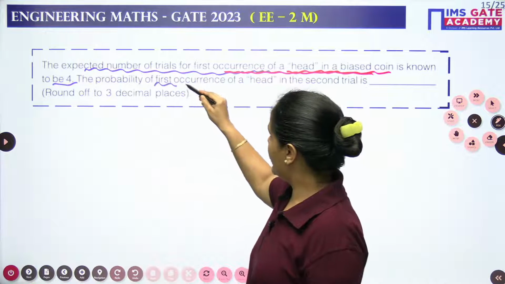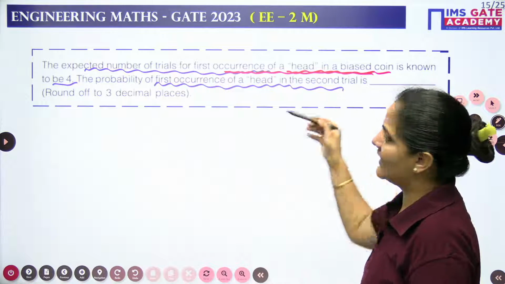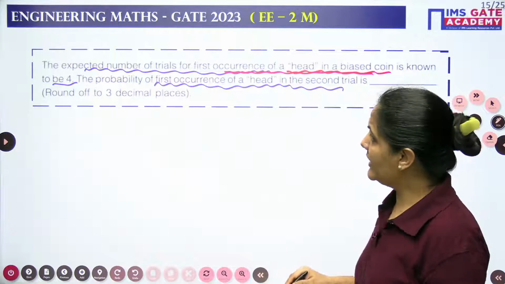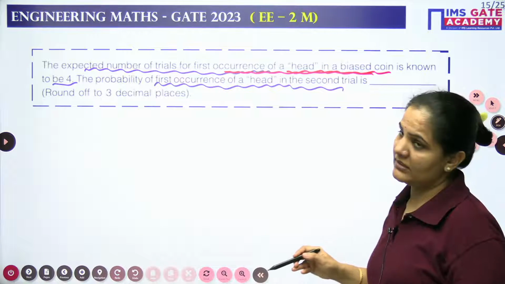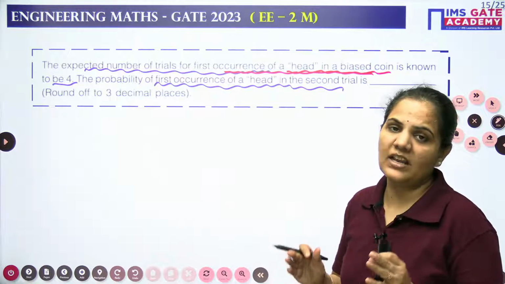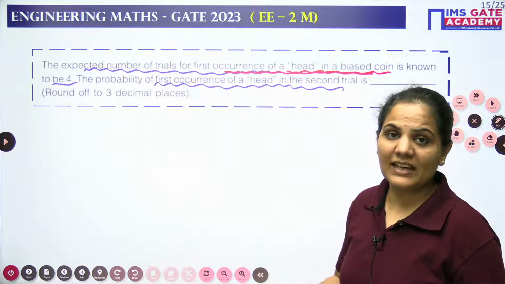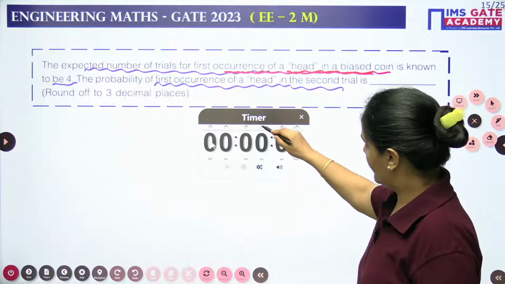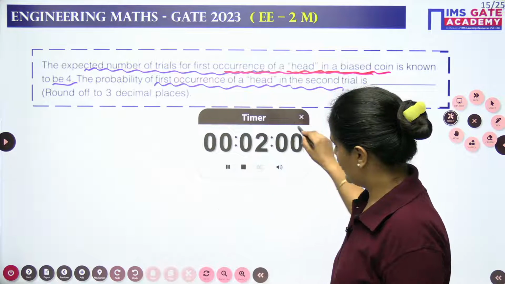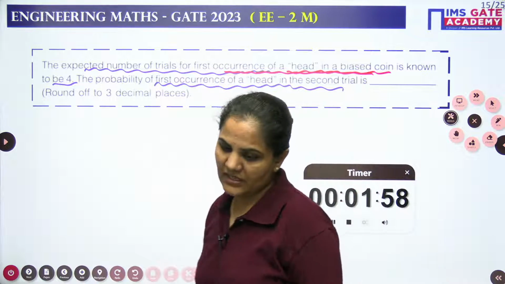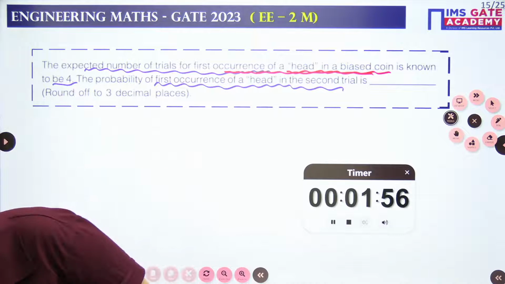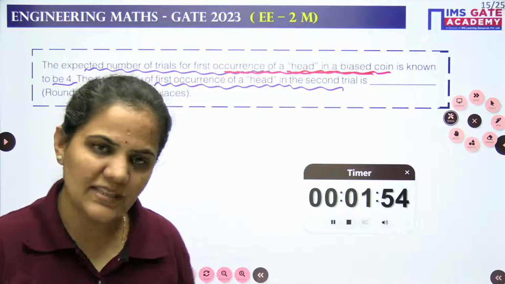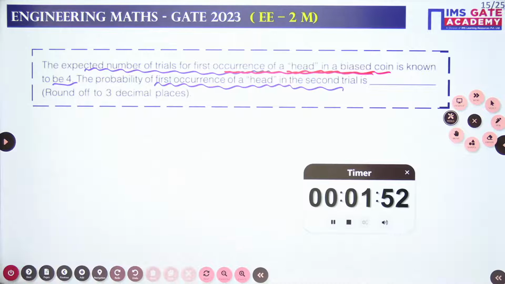Okay, so the probability of first occurrence of a head in the second trial, when you get the very first head on the second trial, then what is the result? A very good question, and this is again a numerical answer type question. So with the basic expectation method we can solve the question.